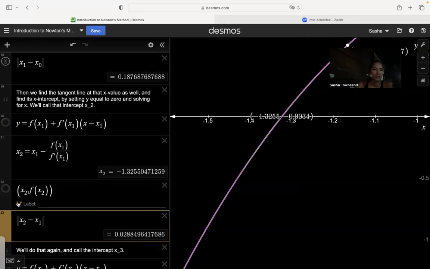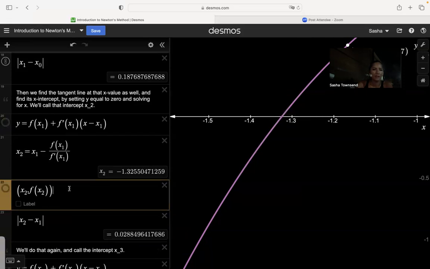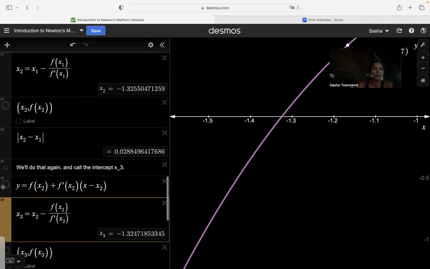We'll find another tangent line using x2 this time. We'll have y equals the original y value, so that's f of x2, plus the slope at x2 times x minus x2.